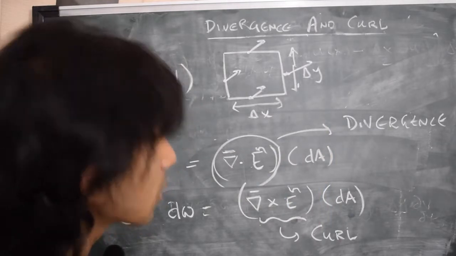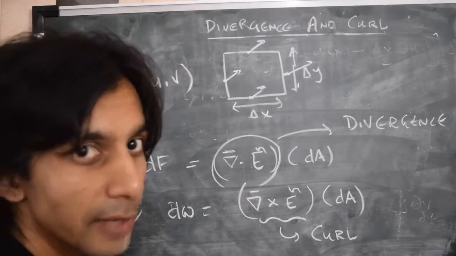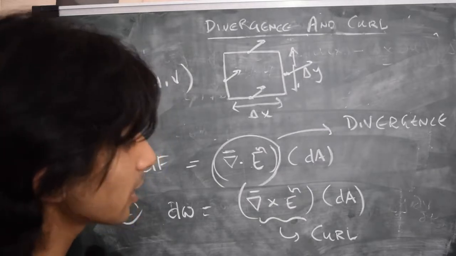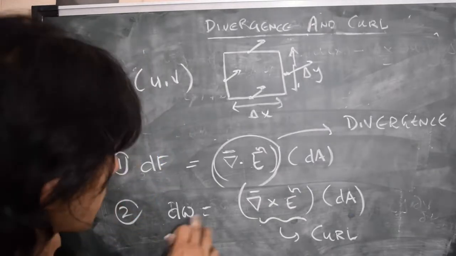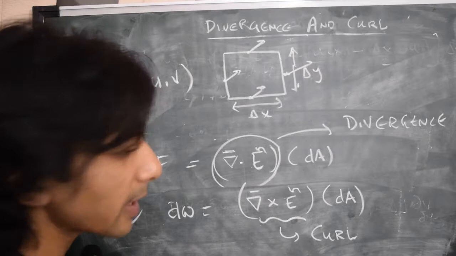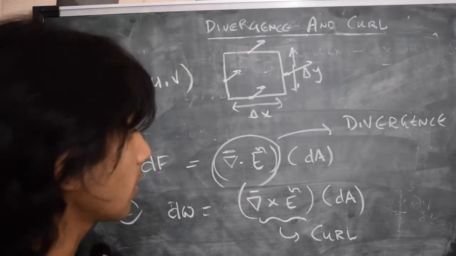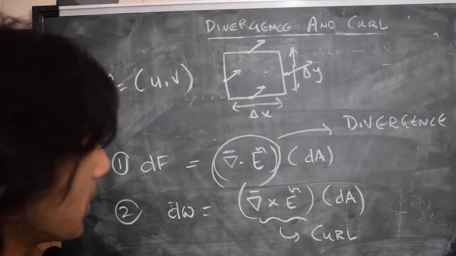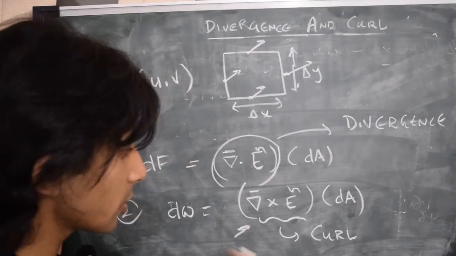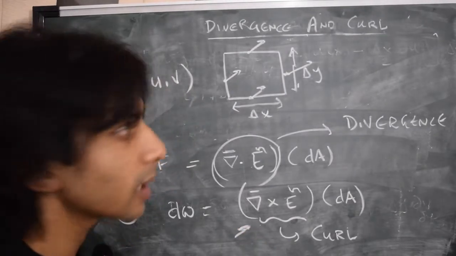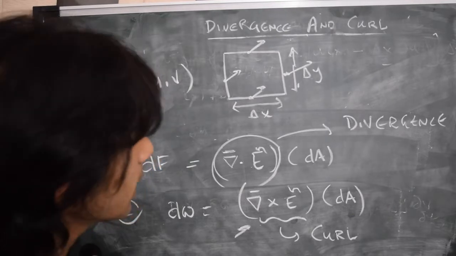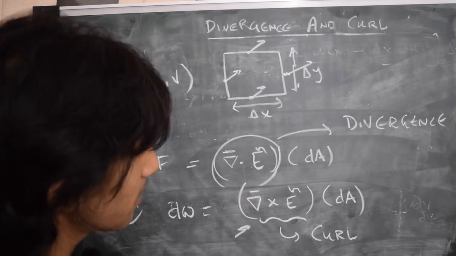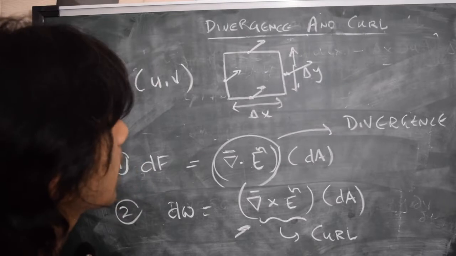Or in other words, we can again flip this definition around and say that the curl of a vector field is nothing but the infinitesimal work done divided by the area of the region of space that we're considering. It would be good to carry out this computation at your end and see if it indeed matches this expression.